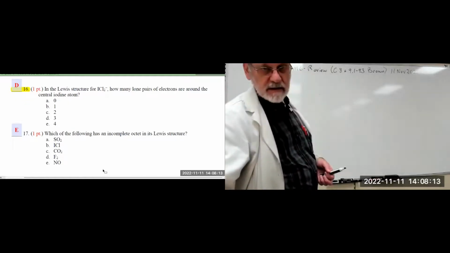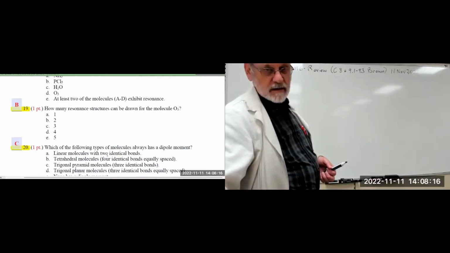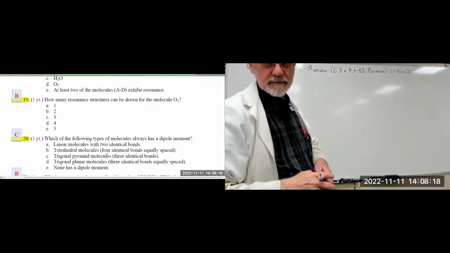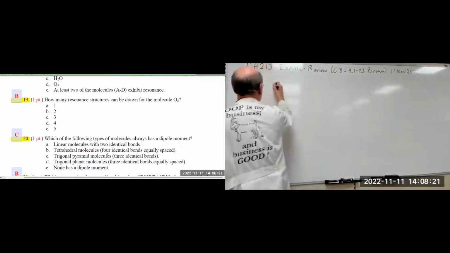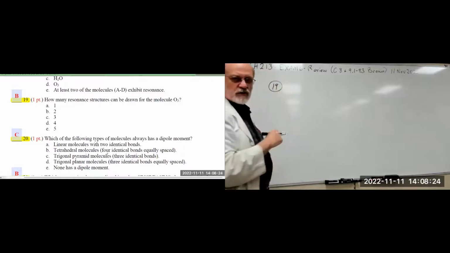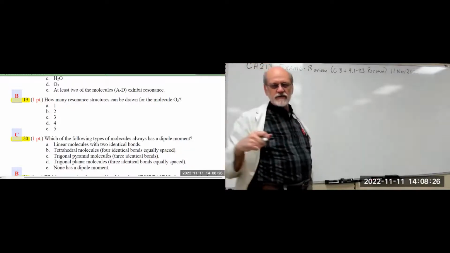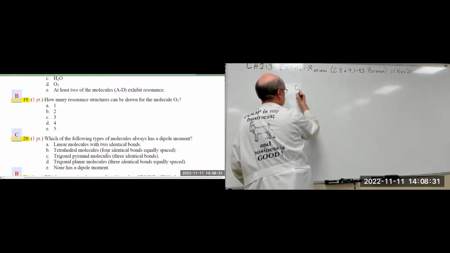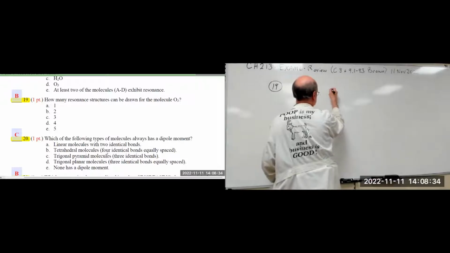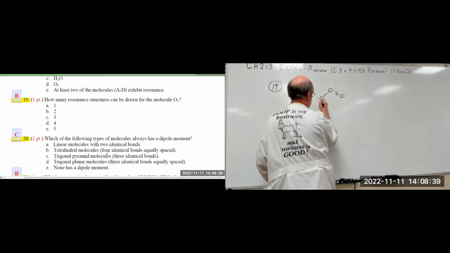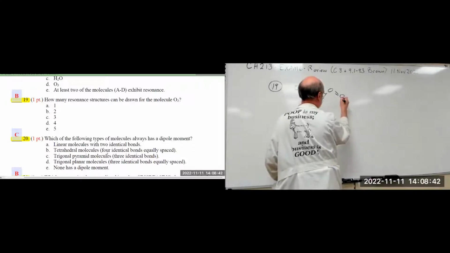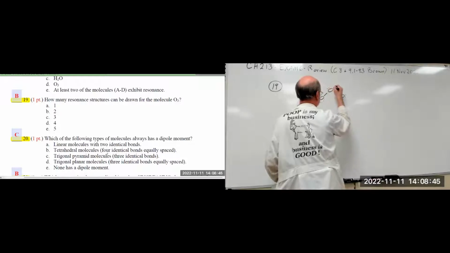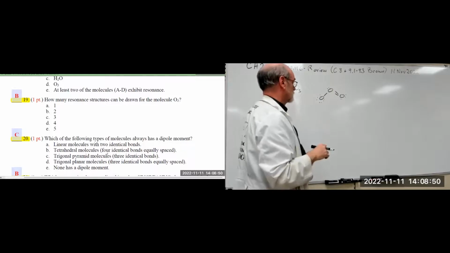All right, 16, 19, and 20. Okay. We can take a shortcut on 19 because it's talking about the resonance structures that we can draw from the molecule O3. We drew O3 already, and we came up with that structure.